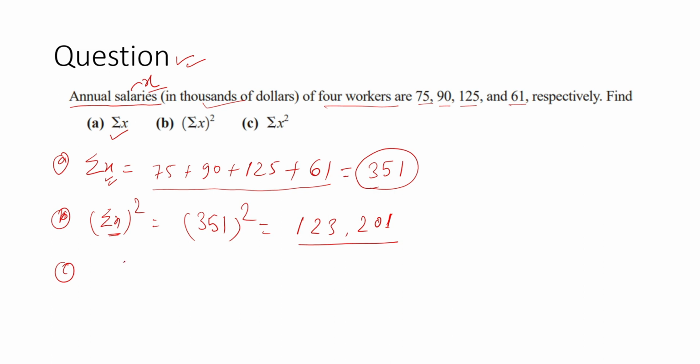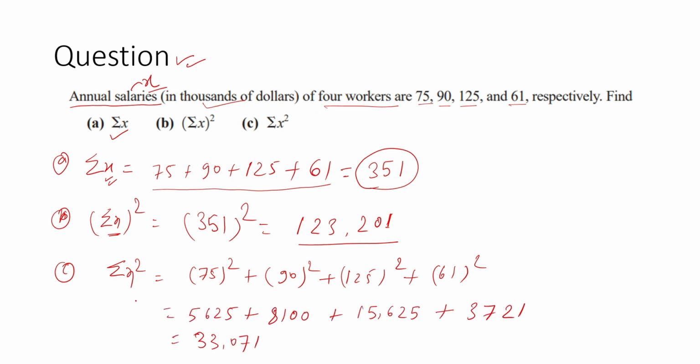Similarly, in the case of sigma x square, it is simply telling us to first square the variables: 75 square, then plus 90 square, then plus 125 square, and then plus 61 square.